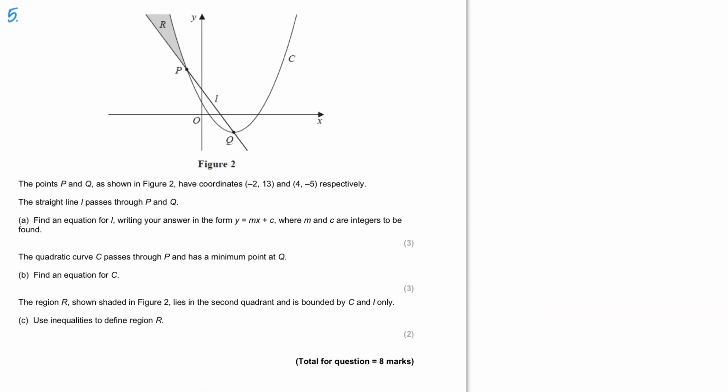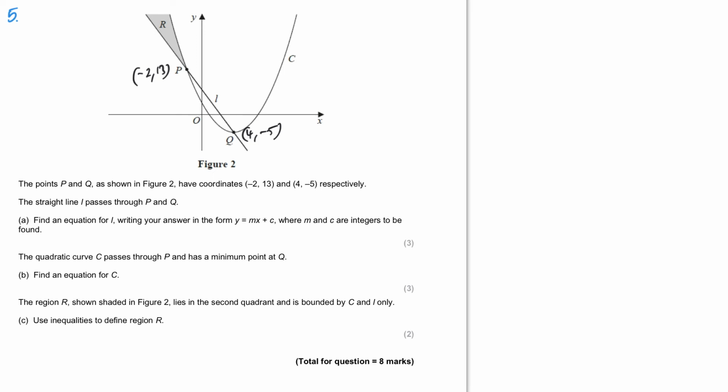So this one has a couple of bits beforehand based on a previous unit. So we've got a couple of coordinates. We've got minus 2, 13 for P, and we've got 4, negative 5 for Q. So first we want to find the straight line that goes through P and Q. You can do this two ways.